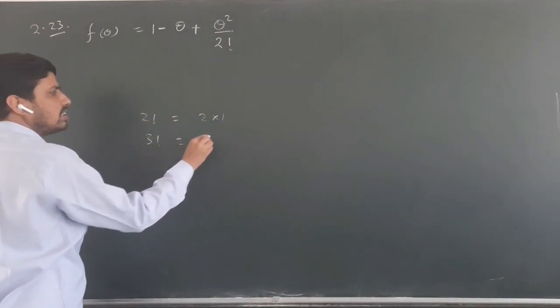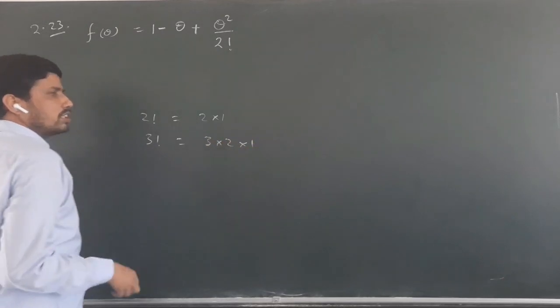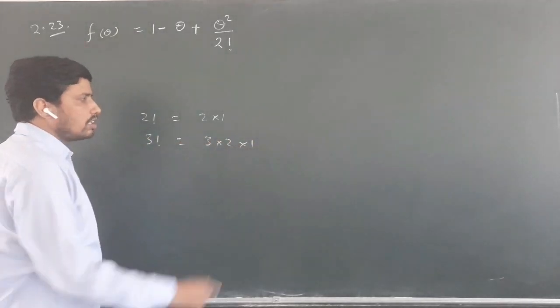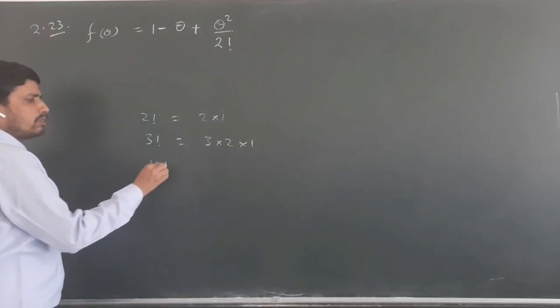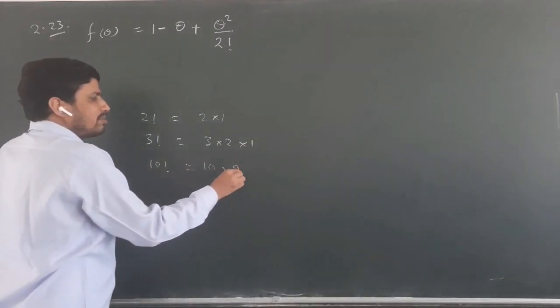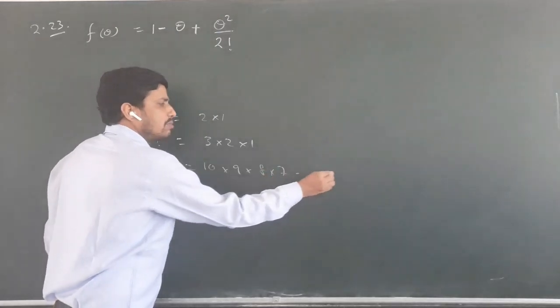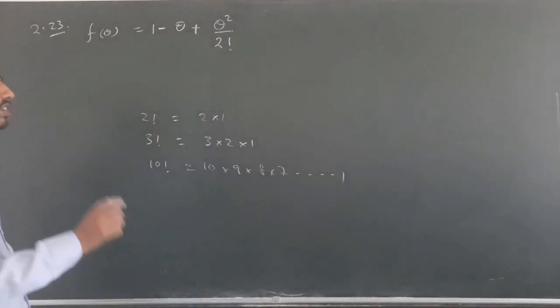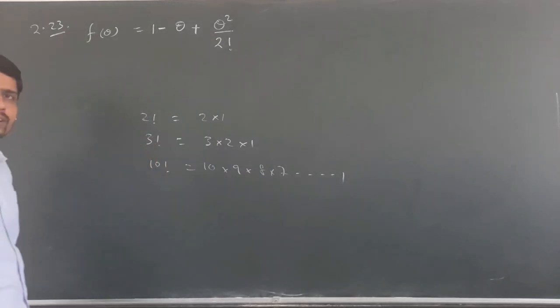Factorial 3 means 3 into 2 into 1. Starting from that number, you go on multiplying the preceding digits till you reach 1. Factorial 10 will be 10 times 9 times 8 times 7 times 6, 5, 4, 3, 2 up till 1. So anyway, this is a number. Since it is a number, it does not have any dimensions.